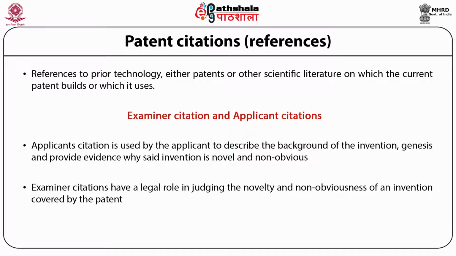Examination citations have a legal role, as I am saying, in judging the novelty and non-obviousness of an invention covered by the patent. The examiner can pick up the citations given by the applicant, and augments them through his own efforts with other citations to see whether the patent is really novel, really non-obvious, and looks through this primarily.